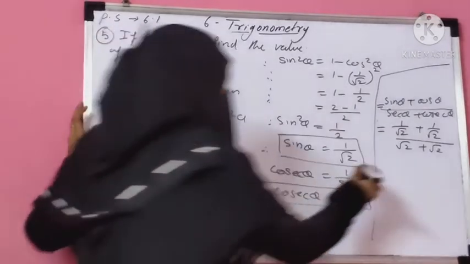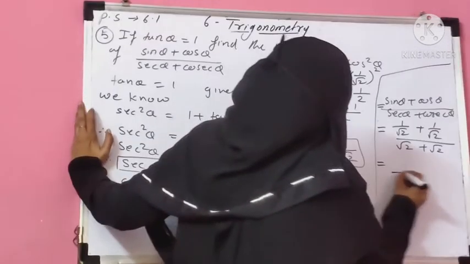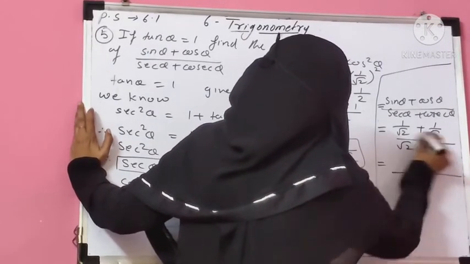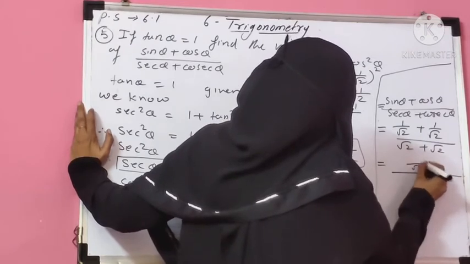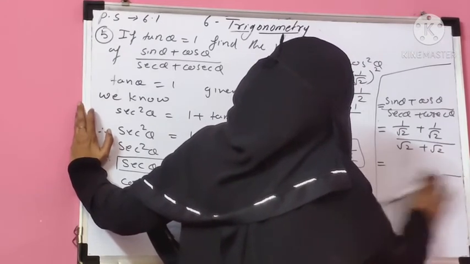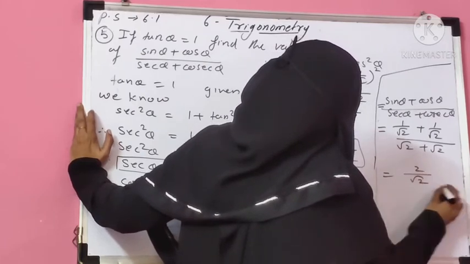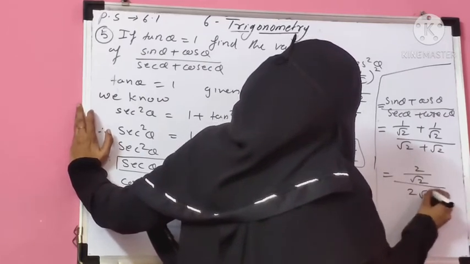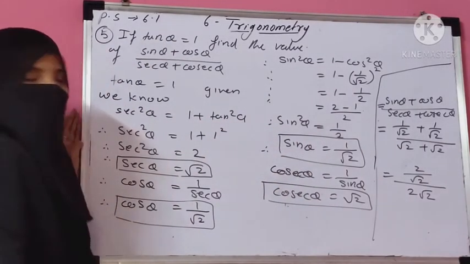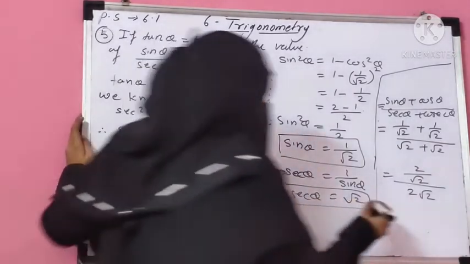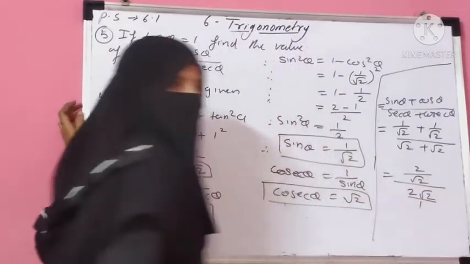Okay, now here in this fraction, the denominator is the same, root 2, and 1 plus 1 is 2. Then it becomes 2 upon root 2, divided by root 2 plus root 2, which is 2 root 2. Got it? Now the denominator is divided by 1.